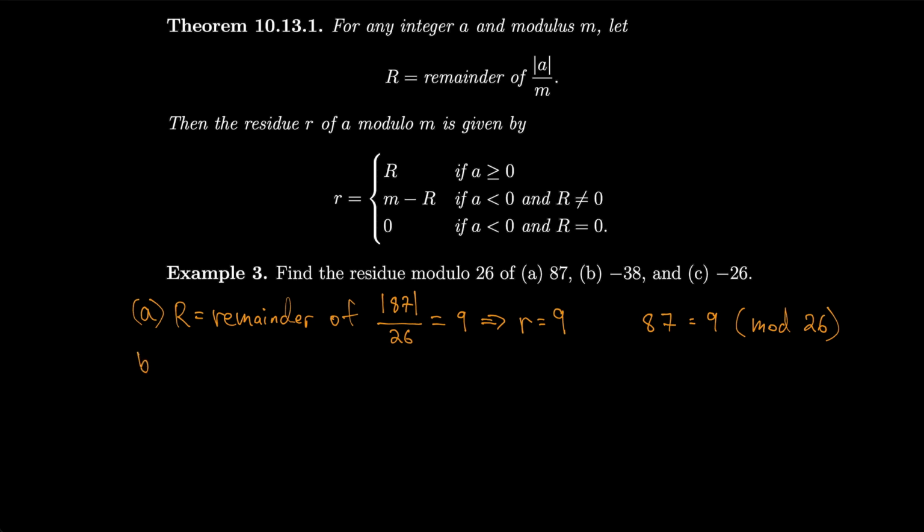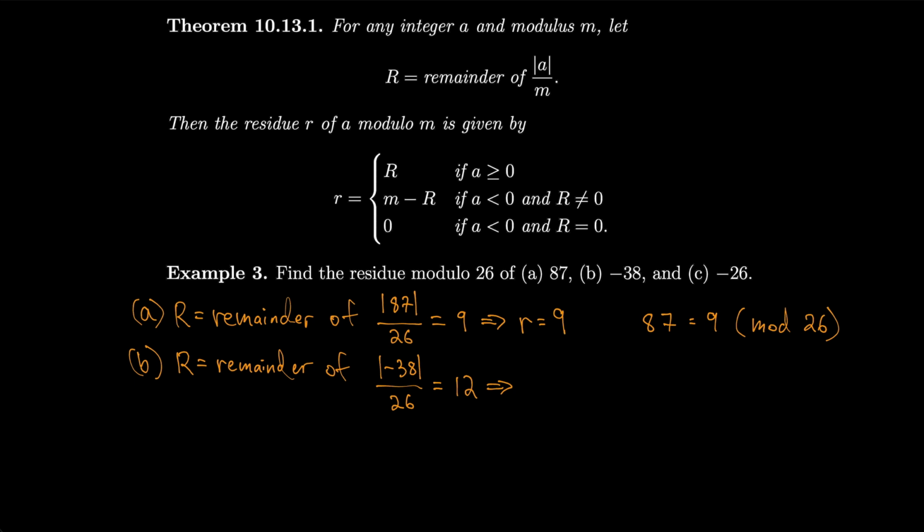For b, let's do r is equal to the remainder of negative 38 over 26. Take the absolute value. You can think of it almost like a mixed number in this case. That's 1 and 12 over 26. So the remainder is 12.